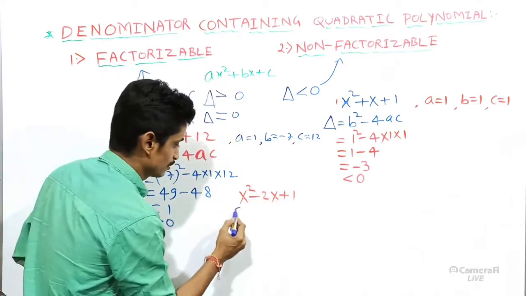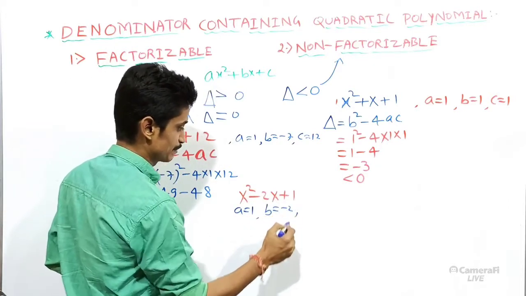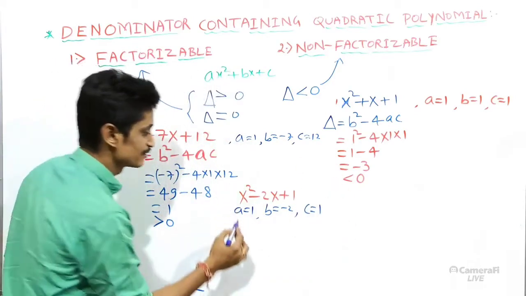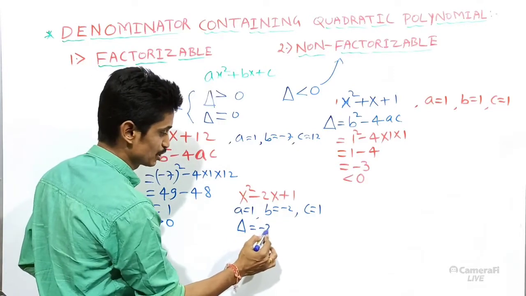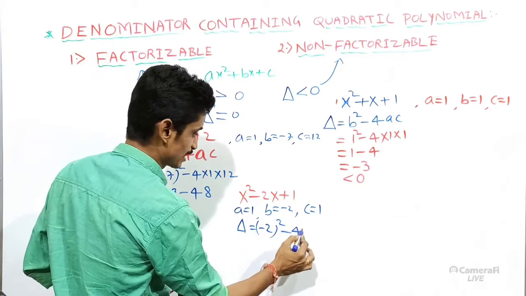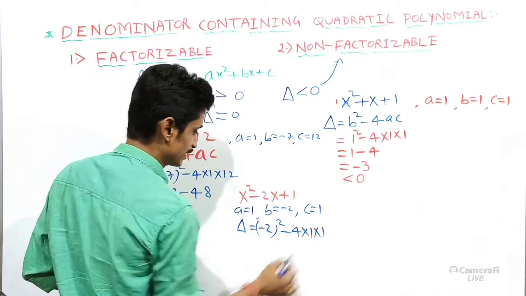Let us take the value of a as 1, the value of b as minus 2, and the c value as 1. Clear? Now the discriminant is equal to b square, minus 2 whole square, minus 4 times my a value 1 into c value 1.